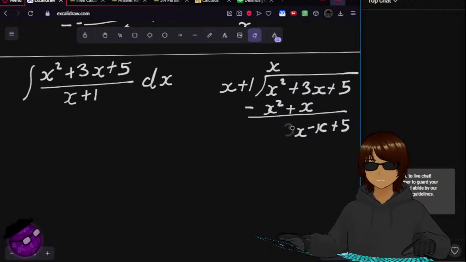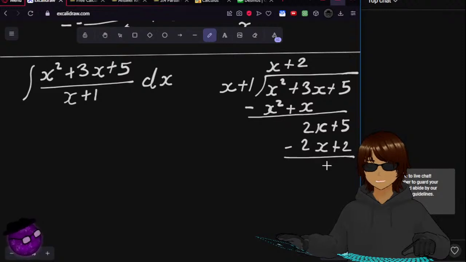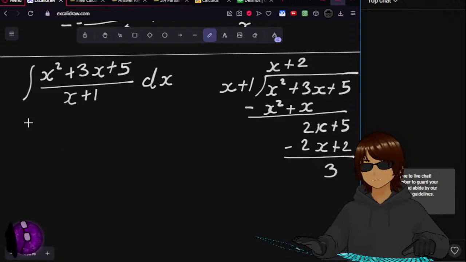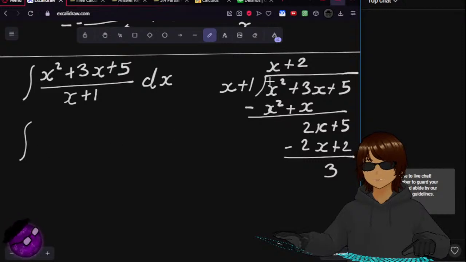That leaves us with 2x, and then we times it by 2, 2x plus 2, 5 minus 2 is 3.